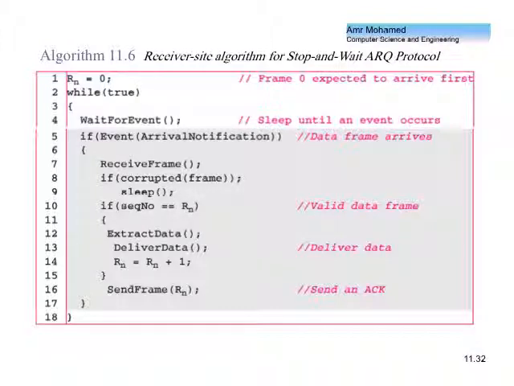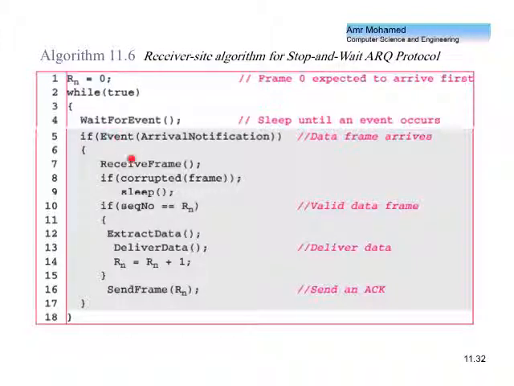If I received the data, and again, the data was corrupted. For the receiver, the corrupted data is as if I did not receive anything.